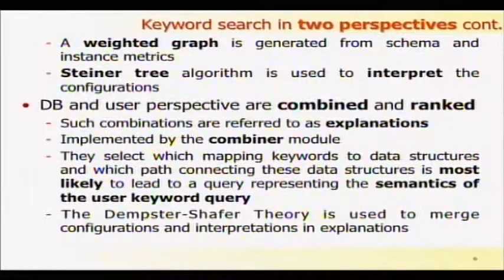Then we merge the database and the user perspective, and we rank all the possible results. So the final result is an explanation of the configuration and of the interpretation, and this is implemented in a combiner module.